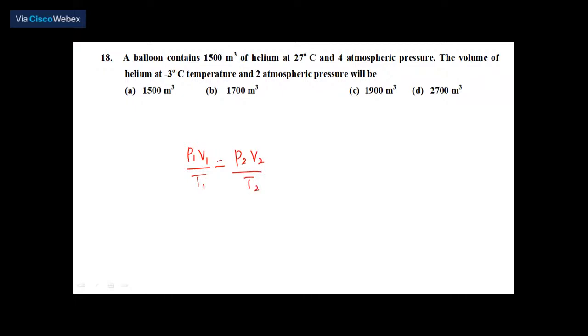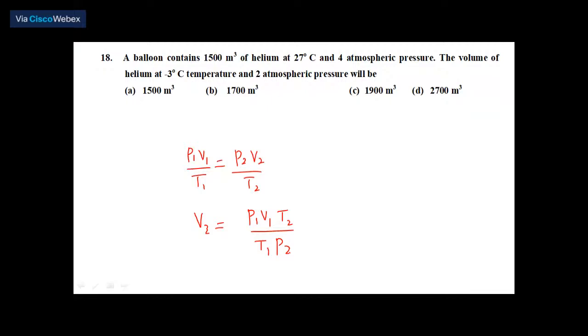All we have to find out is the volume of helium, so we have to find out V2. Cross multiplying, we get V2 is equal to P1 V1 T2 divided by T1 into P2.